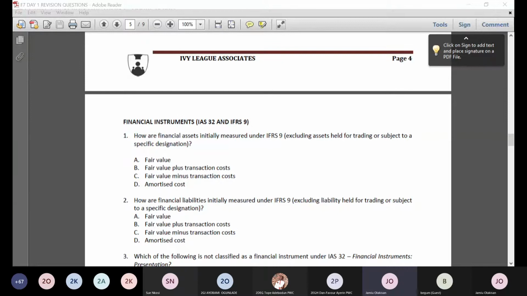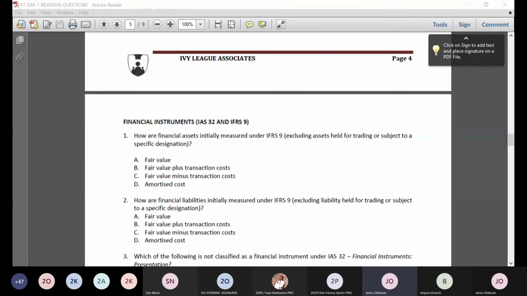Investment in bonds or treasury bills is a financial asset because you've got the right to receive cash. Preference shares, the same. Money in the bank, the same. So many financial assets will fall in that category.